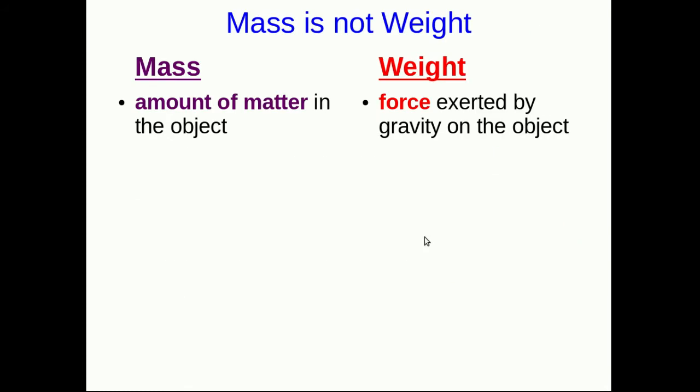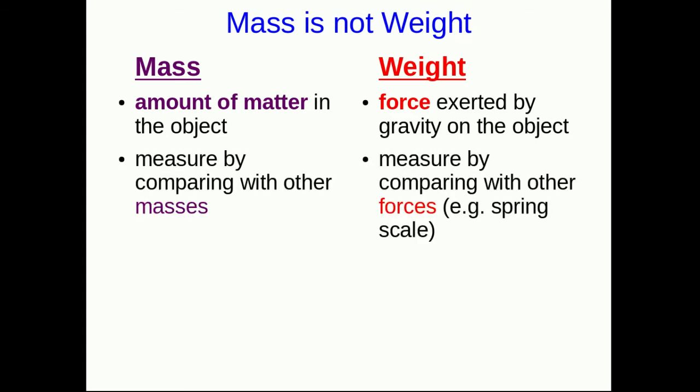One of the reasons people are often confused by mass is that they mix it up with weight. Mass is quite different from weight. While mass is the amount of matter in an object, weight is a force. It's the force exerted by gravity on the object. So you measure mass by comparing with other masses, like on a balance, whereas you measure weight by comparing with other forces, such as a spring scale.